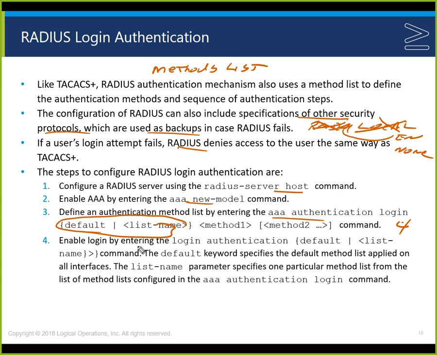Enable login by entering the login authentication default list. The default keyword specifies the default method list applied on the interfaces. The list name specifies one particular method list from the methods list that's configured in the AAA authentication login command. And again, hopefully you saw that in the little demo.